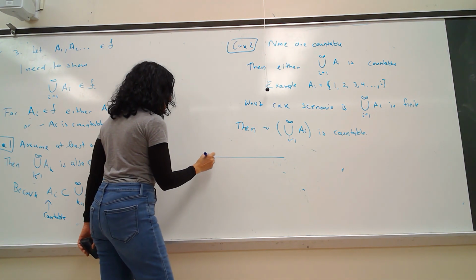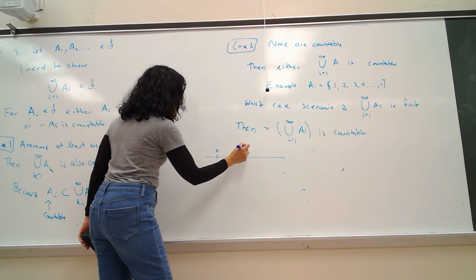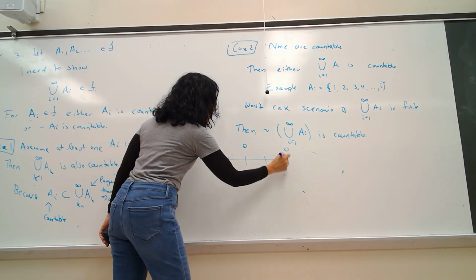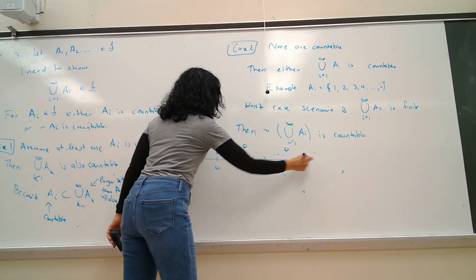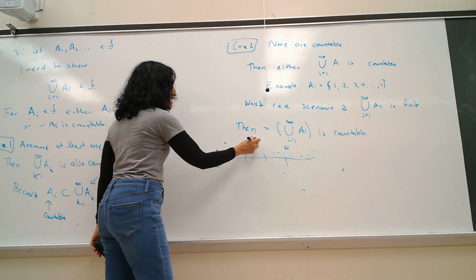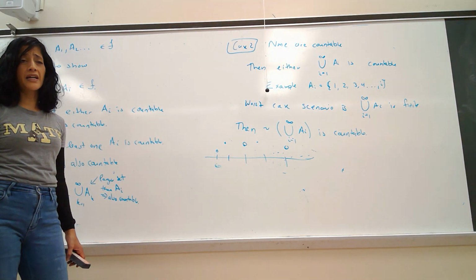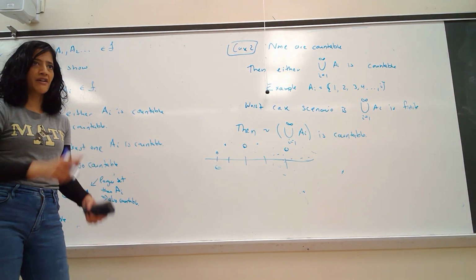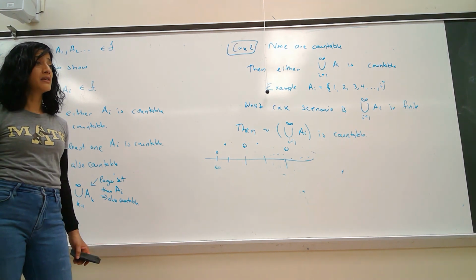The complement would be a hole here, a hole somewhere else, dot, dot, dot, but I have just a finite number of holes. There's not going to be more. So what's left over is everything else, and everything else has got to be infinite, because I've only punched out a finite number of things. You can just do that yourself: take a number line and punch out a few holes. Whatever's left on that number line is going to be infinite.